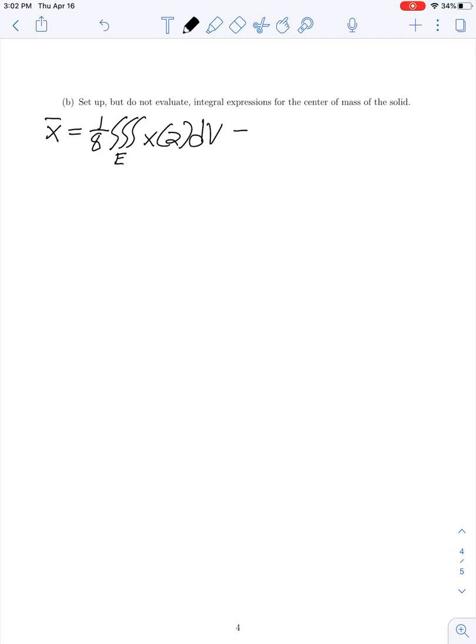So here, if we want, we can pull our constant 2 out in front. I would have 1/4 of the triple integral over E of x dv. So if I wanted, I could set it up as an iterated integral. We've got 1/4 integral with respect to y was from -1 to 1.